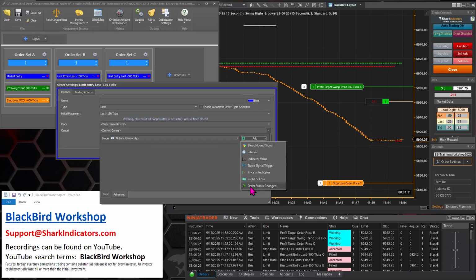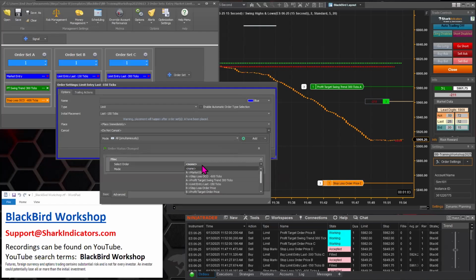So we're going to use order status changed. We want to know if the profit target for A is filled, right? Probably any filled. So if any of the contracts for profit target A are filled, then we're out of the trade here, and that is our trigger to cancel this entry order.